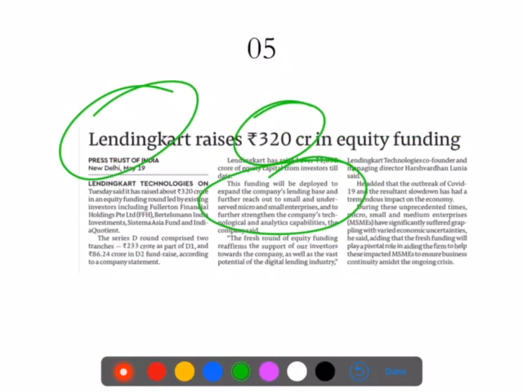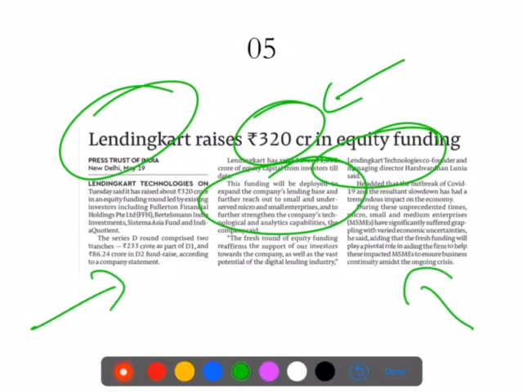It is a technology-driven company, and they are into the lending business, and they have been able to get 320 crores in the form of equity. It's good because we all know that the backbone of any developing economy like that of India would definitely be the micro, small and the medium enterprises. So it's good news that this much money will be available to the MSMEs, and it will help them do better in business.